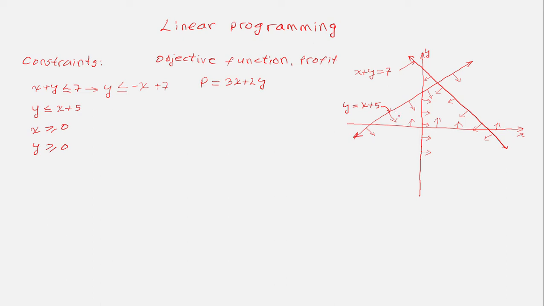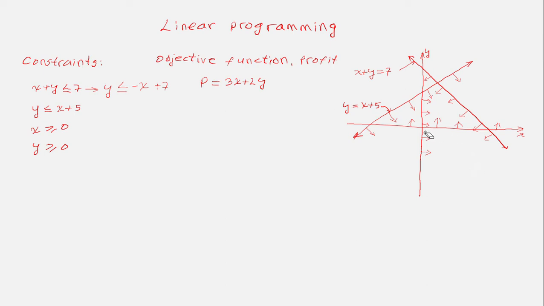So everything below this line would make this little triangle, and everything below it. And then everything greater than or equal to x will eliminate part of it, and then only this part right here would be the region.